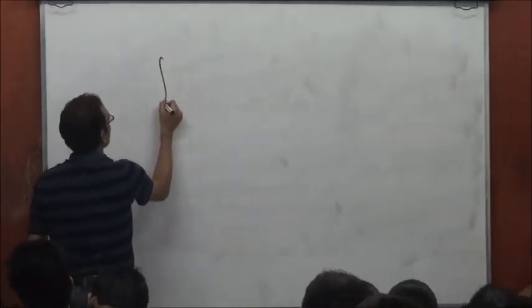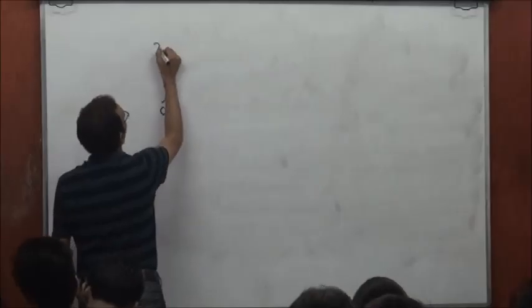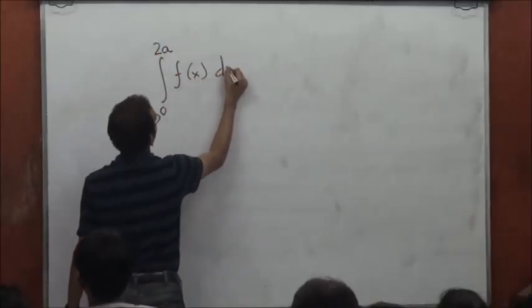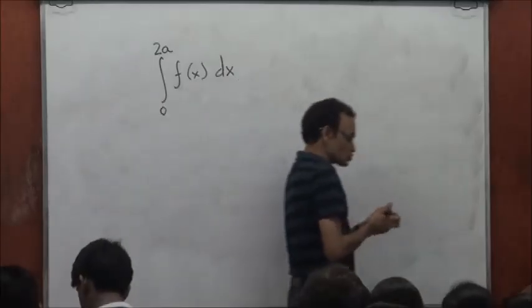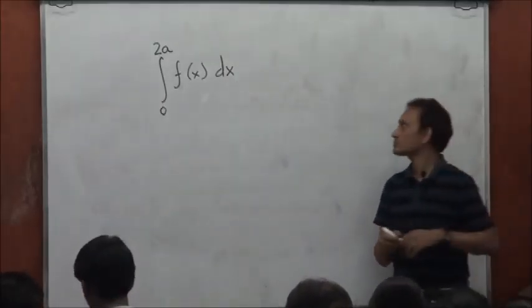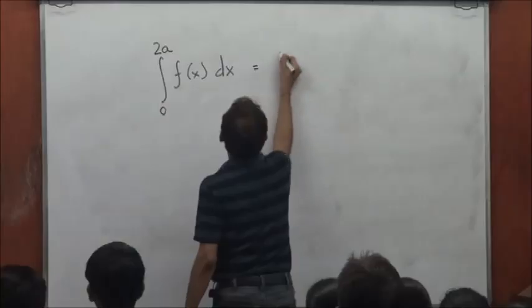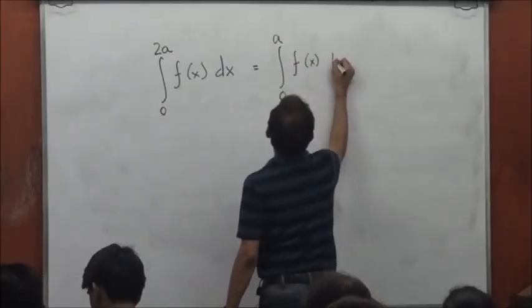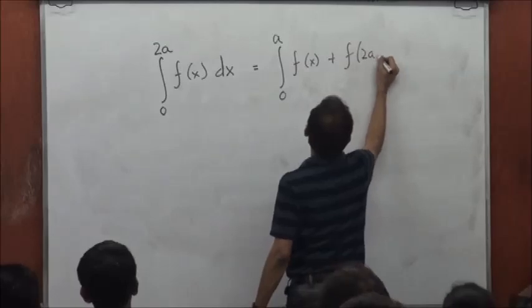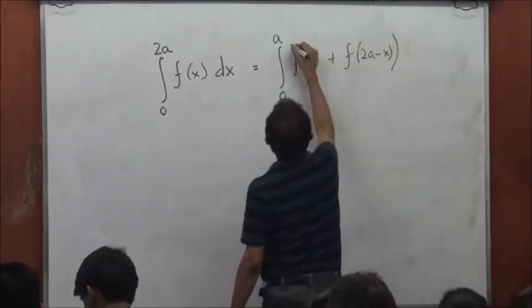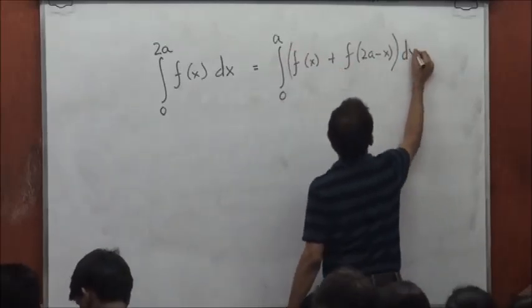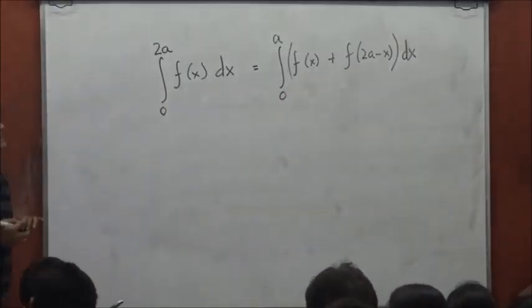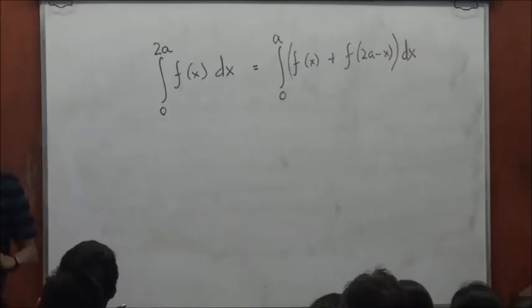Now, another very useful property: integral 0 to 2a f of x dx is integral 0 to a of f of x plus f of 2a minus x.